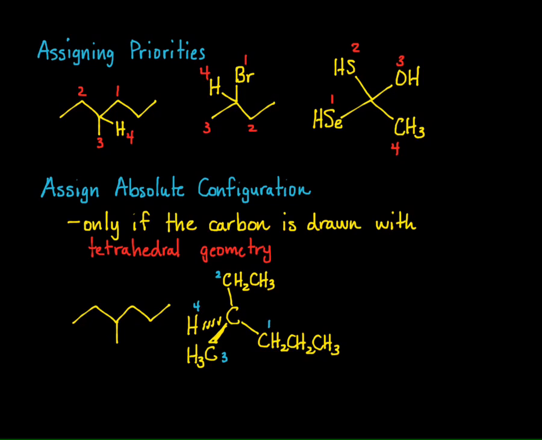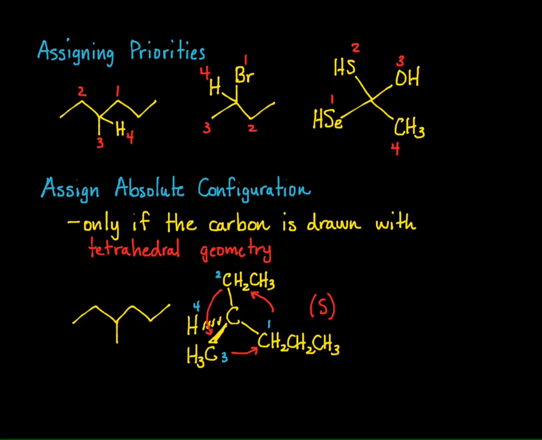So I'm looking at 1, the propyl, to the 2, the ethyl, to the 3, the methyl, and so it looks like this. I'm rotating in a counterclockwise fashion, and therefore this is the S stereoisomer of 3-methylhexane, right? And so we would name it S-3-methylhexane.